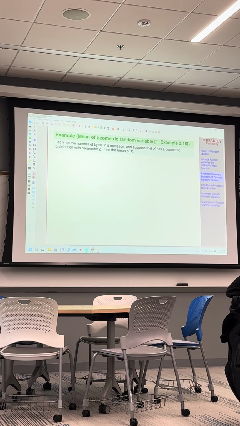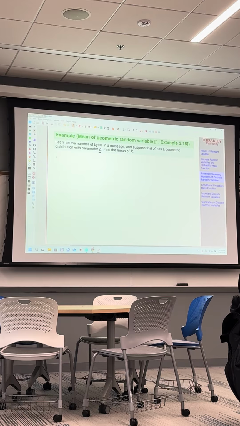So let x be the number of bytes in a message, and suppose that x has a geometric distribution. In this example, it's already said that it's a geometric distribution with parameter p. Find the mean of random variable x.